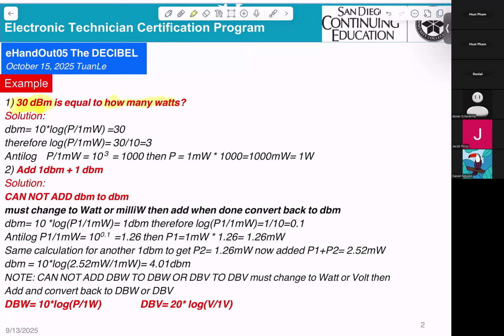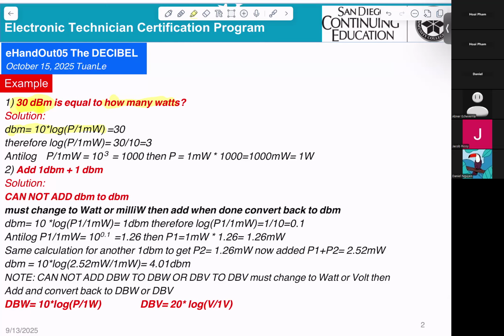Okay? So you see how they do it. They say dBm equals the formula, which they just give to you: 10 times log of P divided by 1 milliwatt, and they give you 30 dBm.